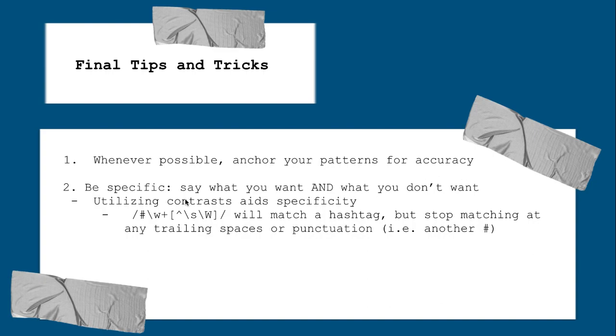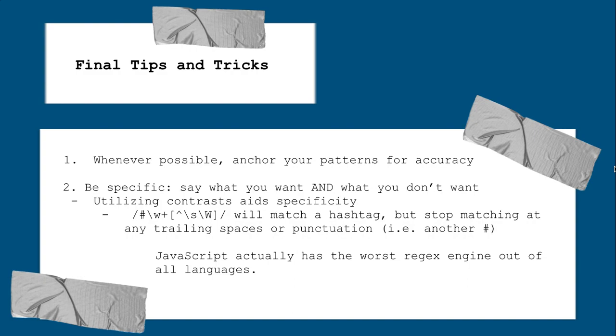So in this pattern, it will match any hashtag, but it'll stop matching at any trailing spaces or punctuation. So I told it what I did want and also what I didn't want in case people jammed all of their hashtags together. This will grab them each individually. And then JavaScript actually does have the worst regex engine out of all languages. It's still pretty cool though.